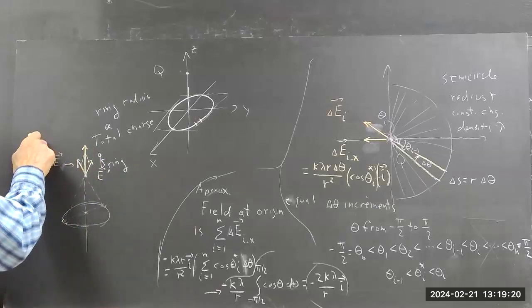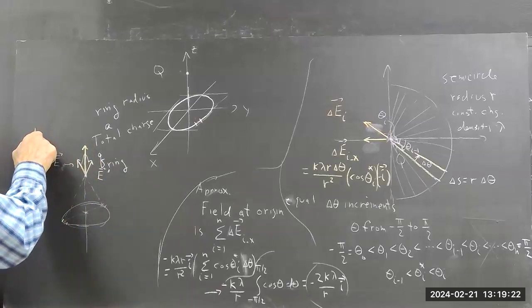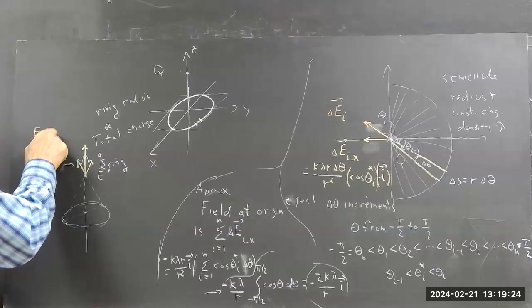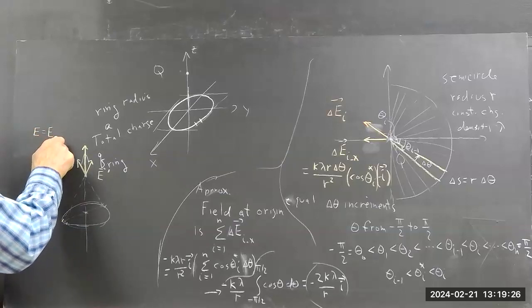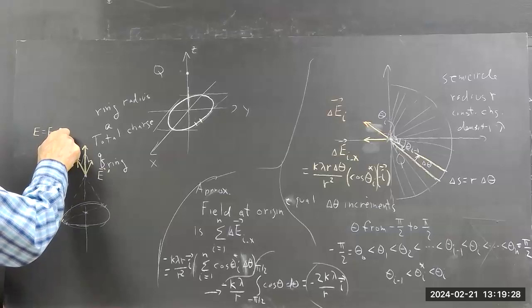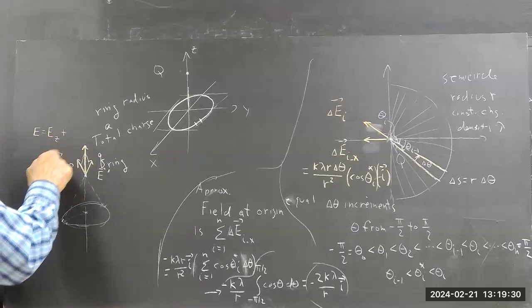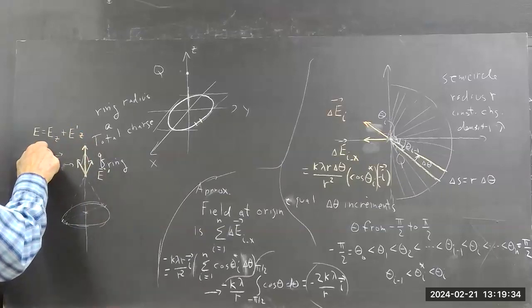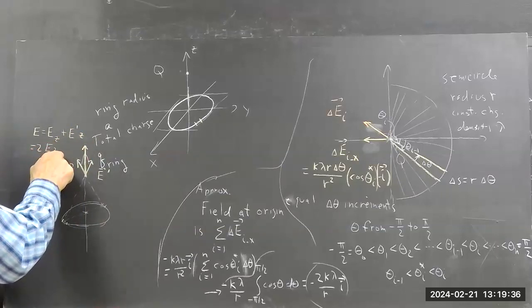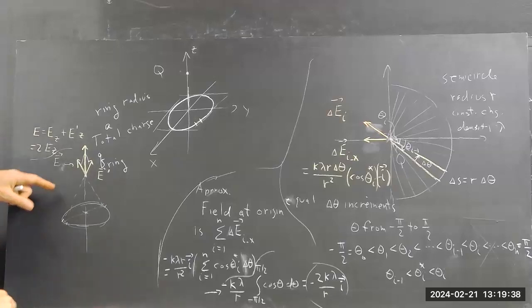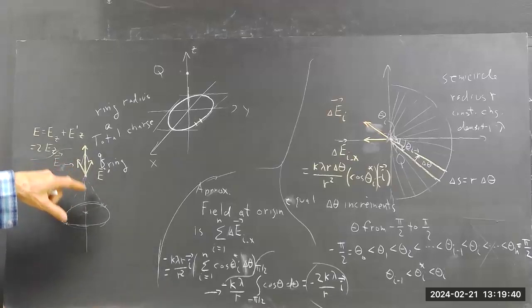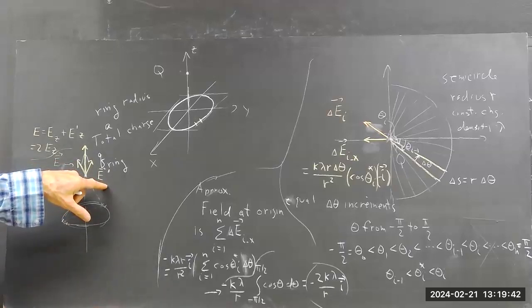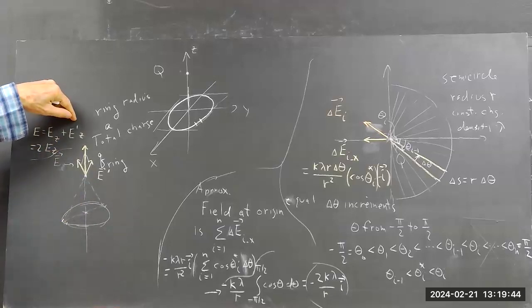And this vector here is going to be the Z component of E plus the Z component of E prime. They're equal. The Z components are equal.